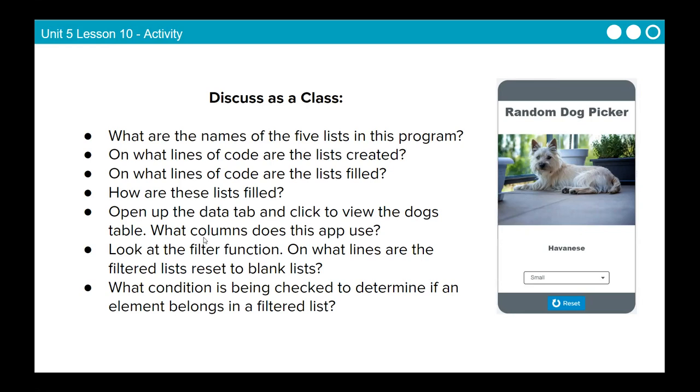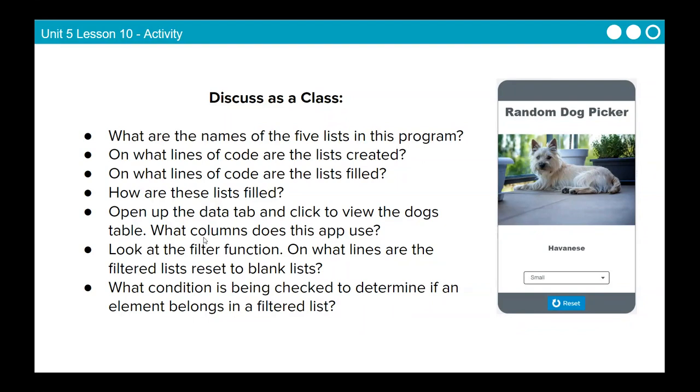Just be aware, make note of what are the 5 lists that are used in this program, and on what lines of code the lists are created. You can literally say it's on line this, line this, line this. On what lines of code are the lists filled? How are these lists filled? Open up the data tab and view the dog table. What columns does this app use?